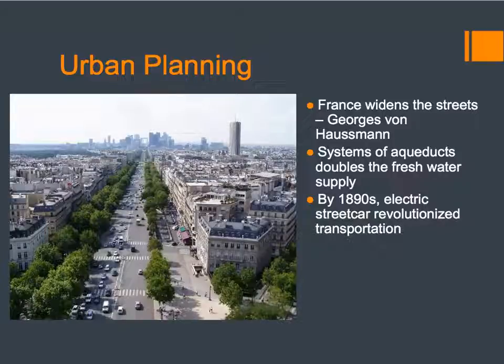You can live a little farther out, so it's going to have a big effect there. Also, the incorporation in many of these cities of parks, open spaces. You don't have to put everybody in a narrow spot. So really, for the first time, people are going to start thinking strategically about how to organize their cities.